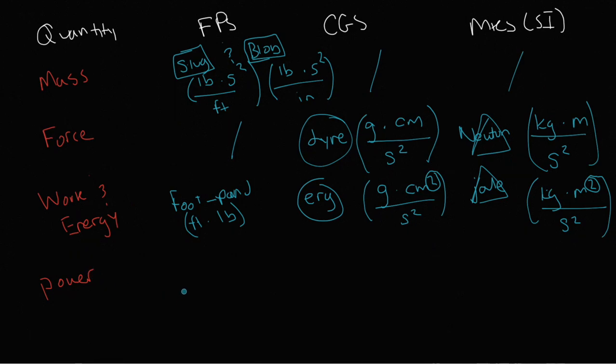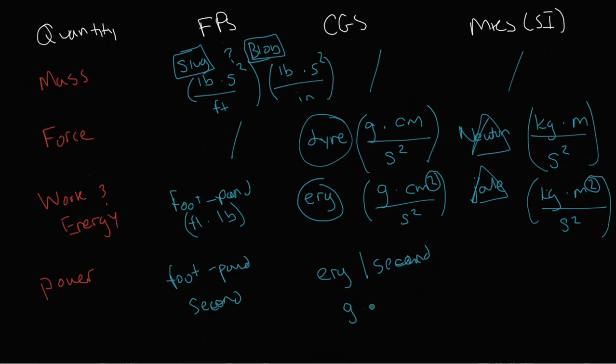In power, we use foot pound, and then multiplied by second in the FPS system. In the CGS system, it is basically just erg per second.